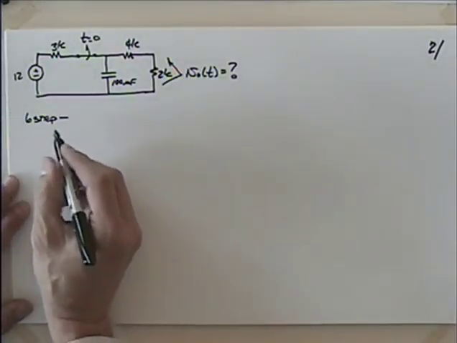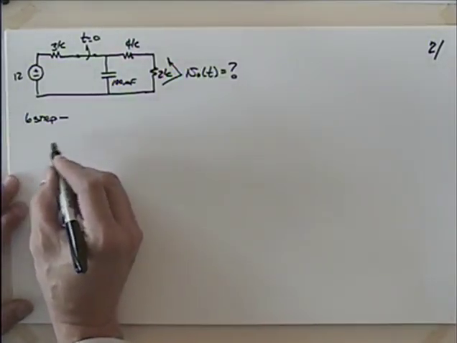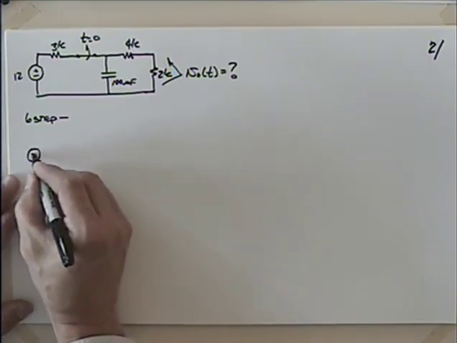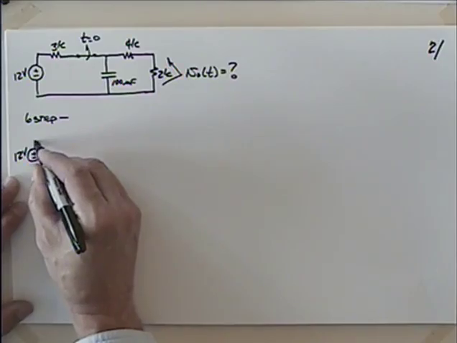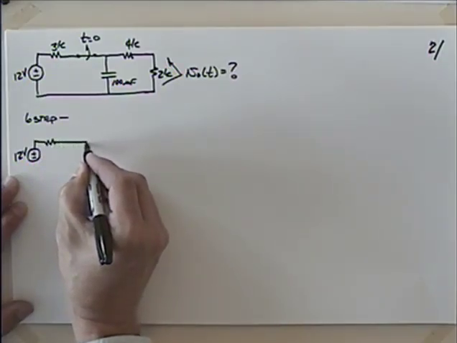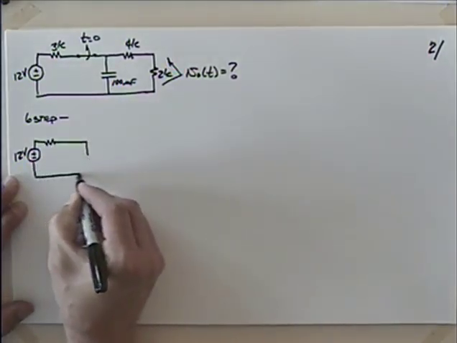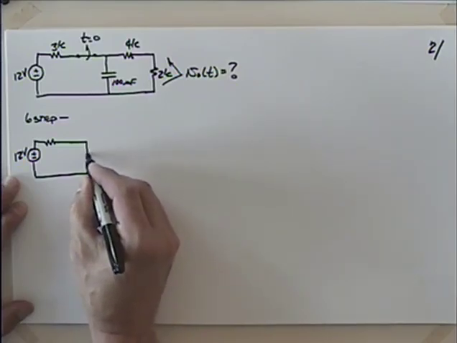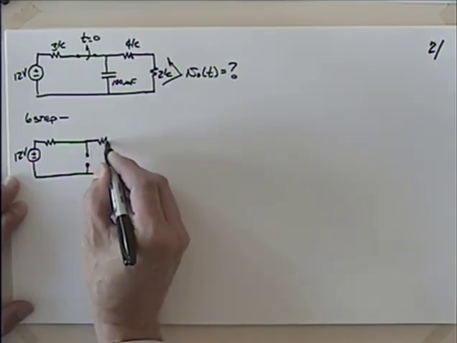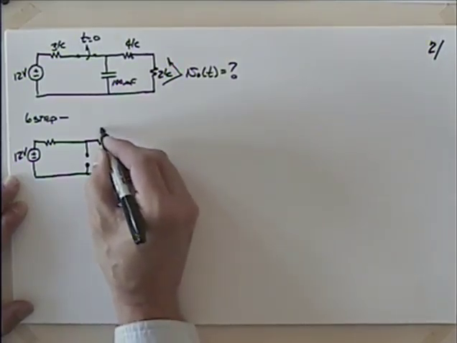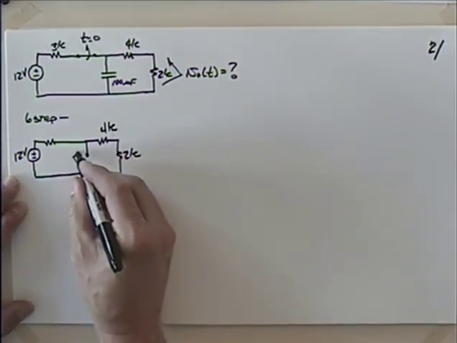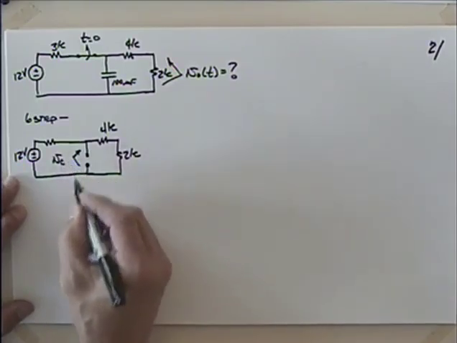With the 6-step method, we found that the voltage across the capacitor, you would open that capacitor up. You'd ask the question, what's the voltage across there? So voltage across the capacitor.